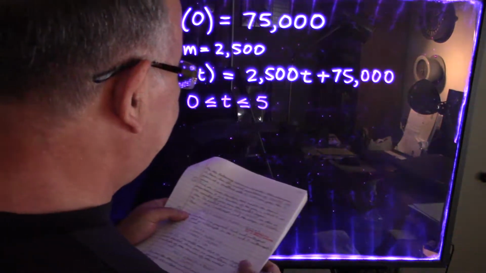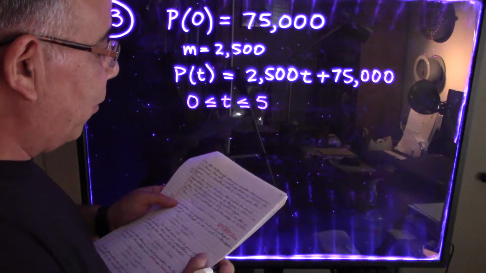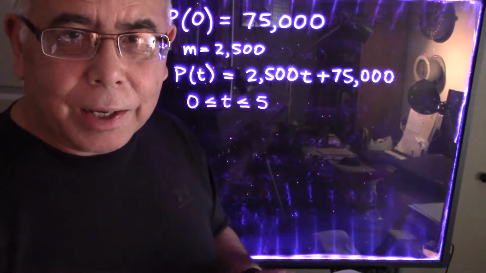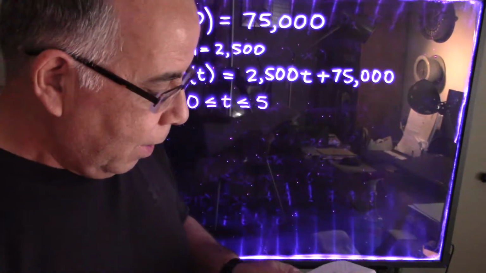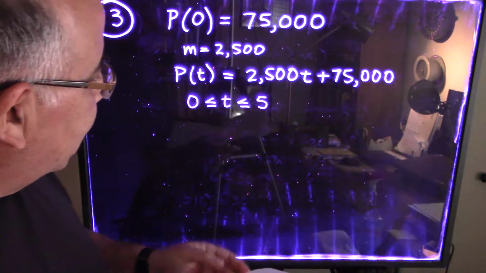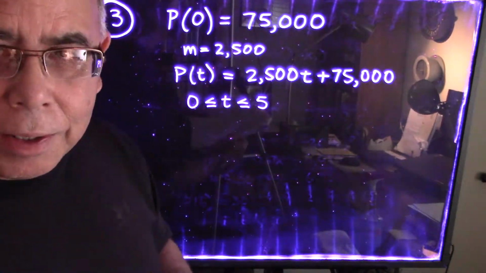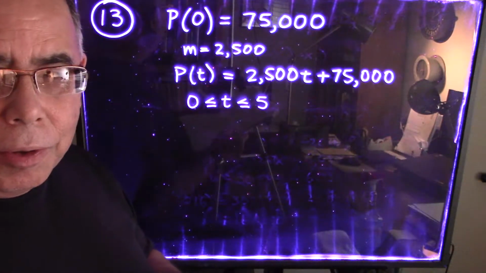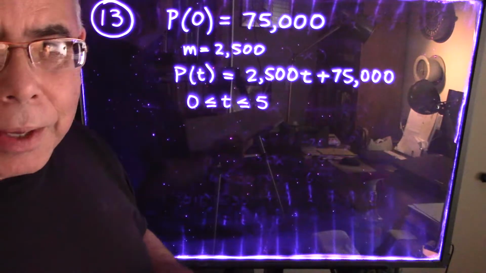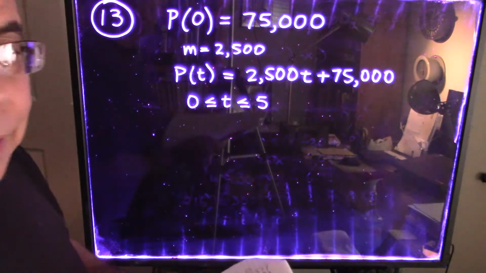That's what the problem states. 2,500 per year for 5 years. We don't know what happens beyond that. They don't tell us. All right. So that's our answer. Now the book doesn't give you this domain restriction, but I thought I'd throw that in because that would be valid. All right, and that would be important, really.